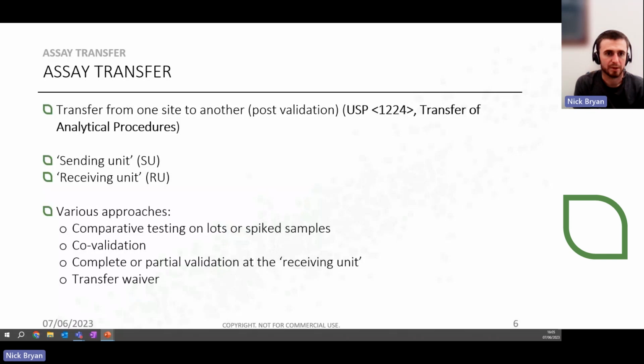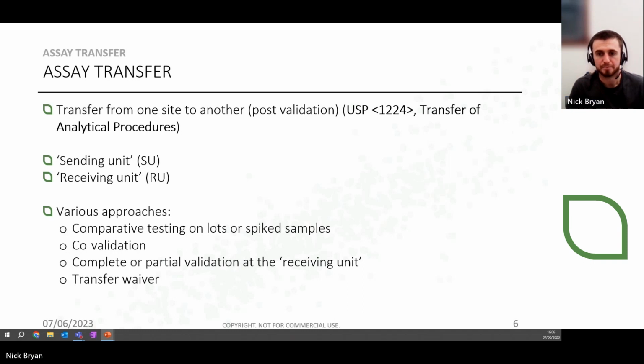We can also carry out co-validations for assay transfer. This is where, whilst the originating laboratory performs a validation, the new laboratory is included in the validation procedure.